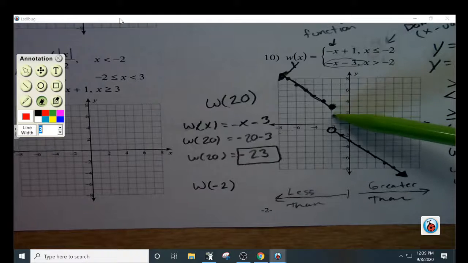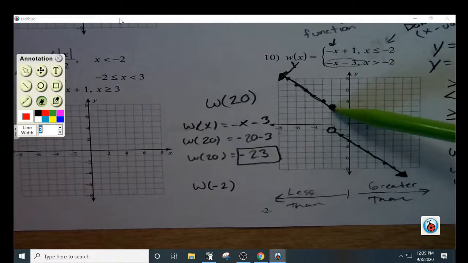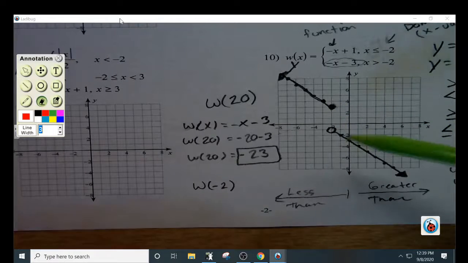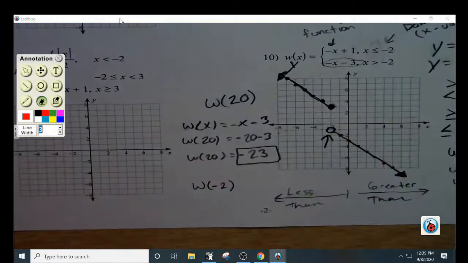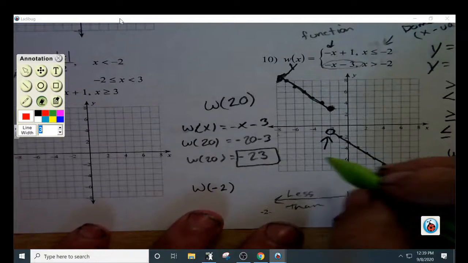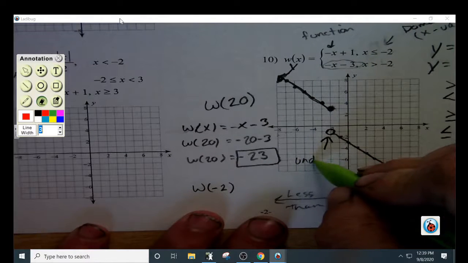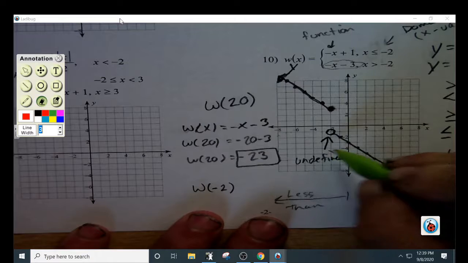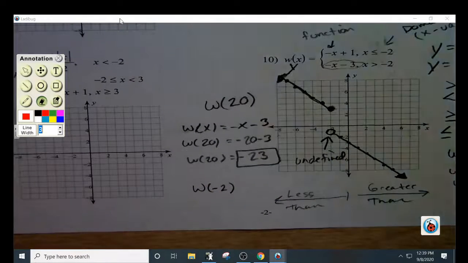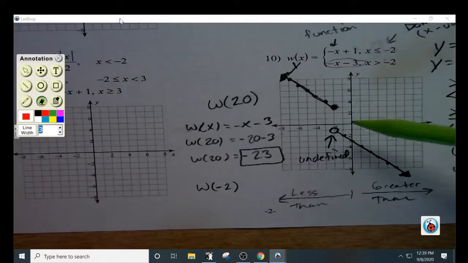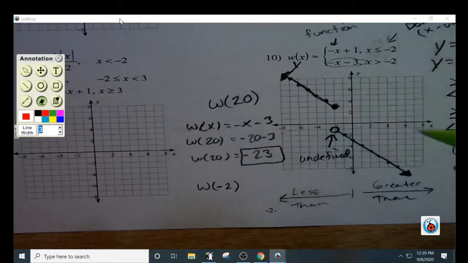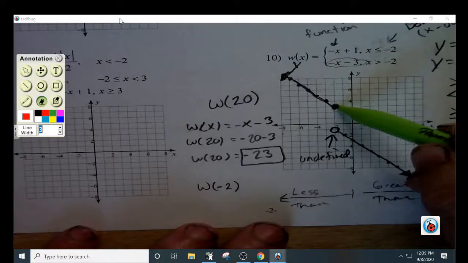When x is -2, it's got 2 dots there. Well, guys, remember, in math, what does that open circle mean? Undefined, right? Now, guys, if you have an open circle and a closed circle on the same value, you always choose the closed circle.